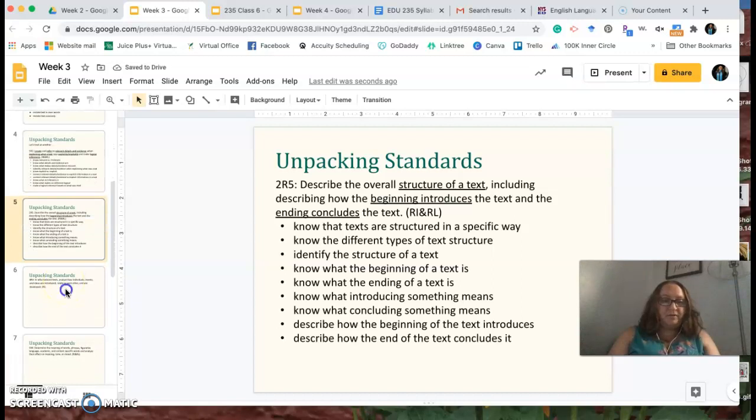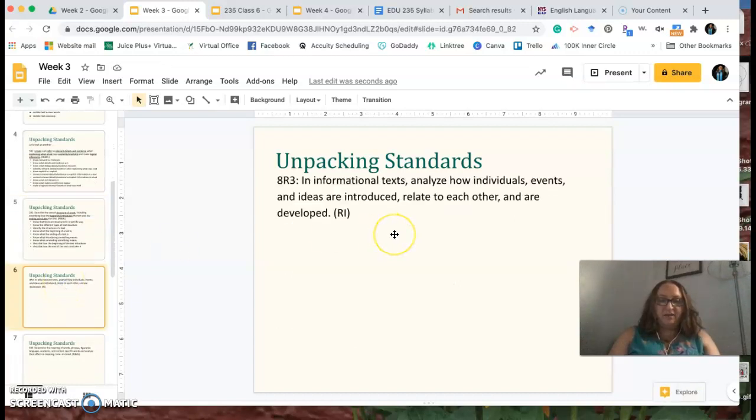Let's do one more. We'll do an 8th grade one here because we've been very elementary so far. So 8th grade reading standard 3. In informational texts, analyze how individuals, events, and ideas are introduced, relate to each other, and are developed. See, here's an example where this is just the reading for informational text. There's an RL one for this.